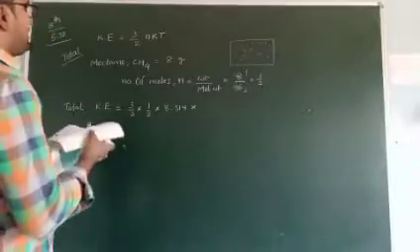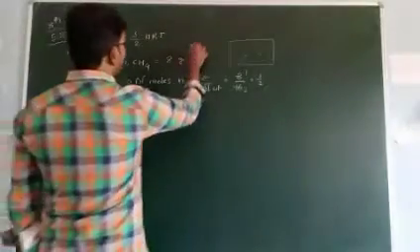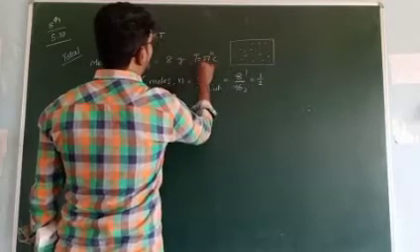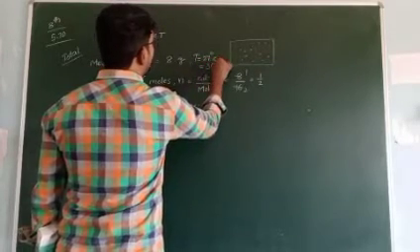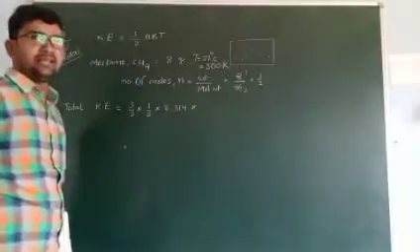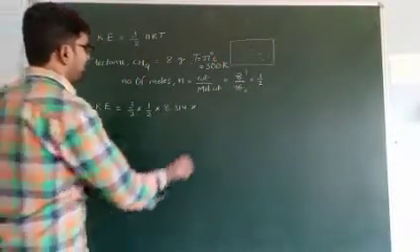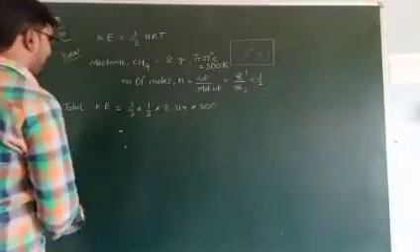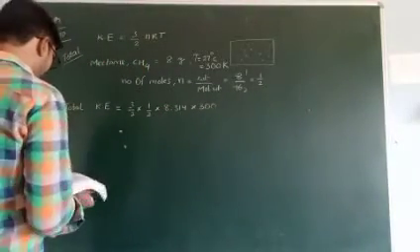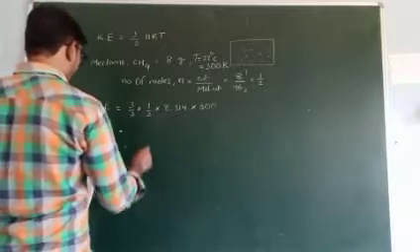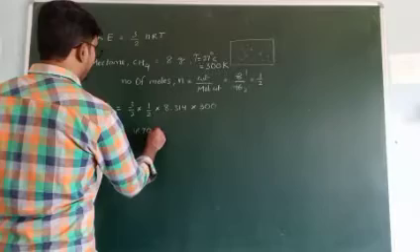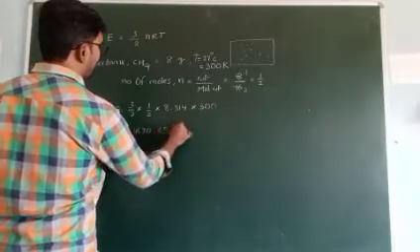Temperature is given, 27 degrees centigrade, which means 300 Kelvin. Now substitute 300 here. After calculating, we got the final value, 1870.65 joules.